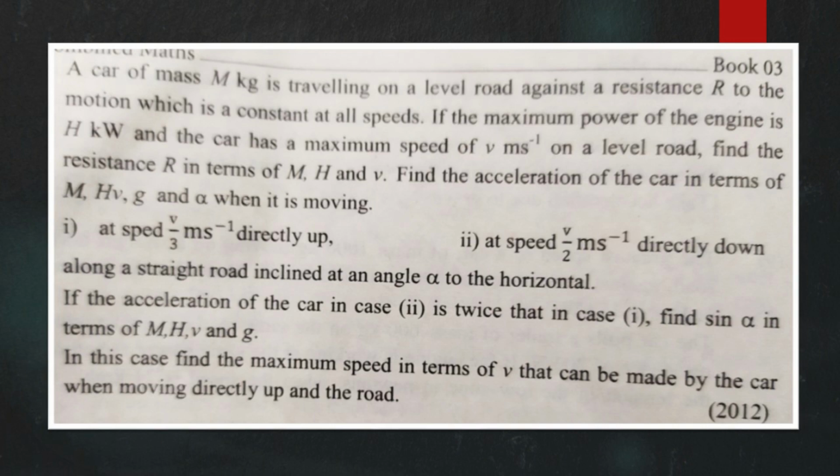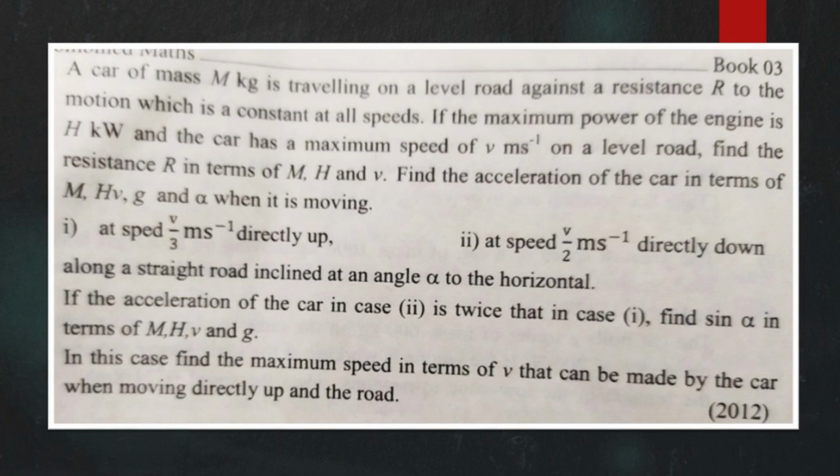Find the acceleration of the car in terms of m, H, v, g and alpha when it's moving at speed v/3 directly up, and at speed v/2 directly down along a straight road inclined at angle alpha to the horizontal. So we have to answer these 2 questions.